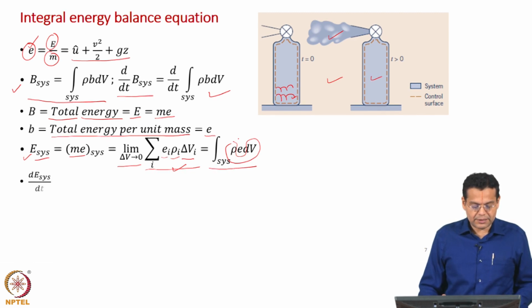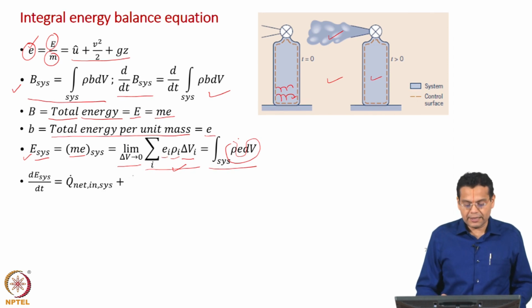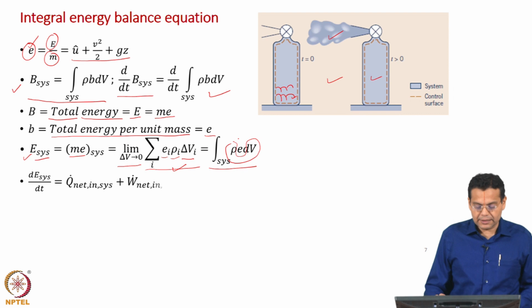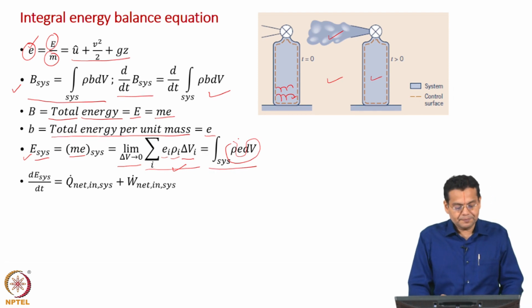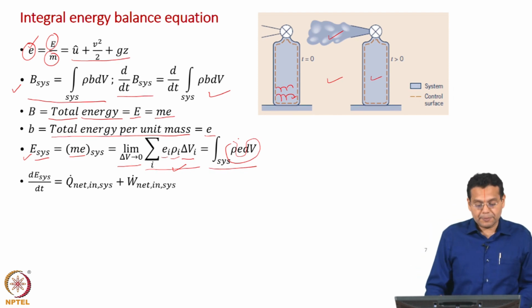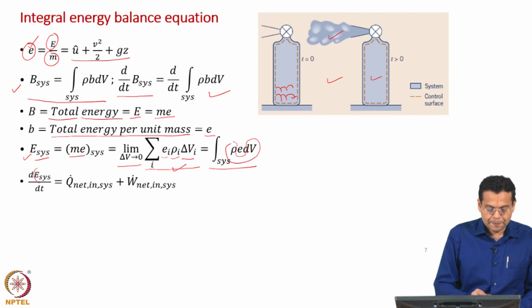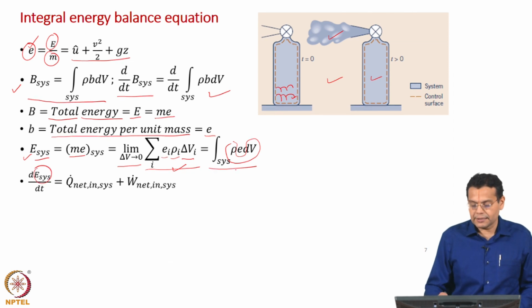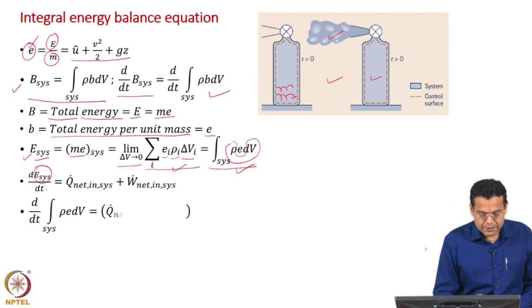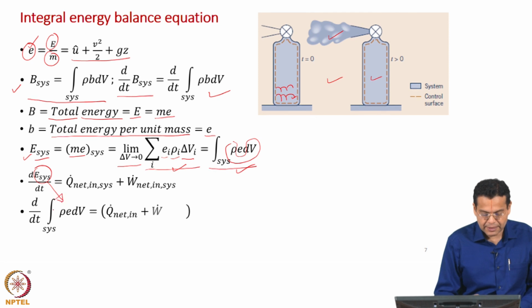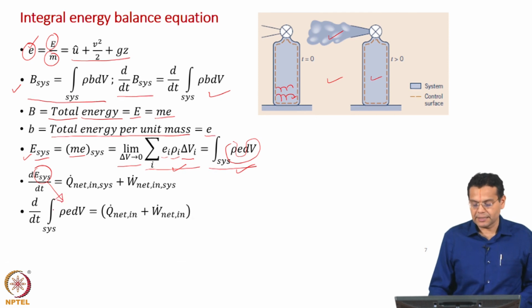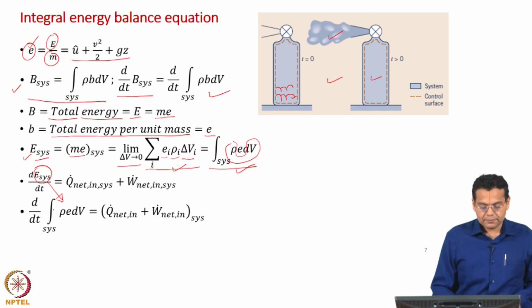Okay. So, now let us write down the first law of thermodynamics in terms of rate, which you have written in the previous slide, and then let us express the E system in the left hand side in terms of this integral expression. So, d by dt instead of E system I have this integral expression, of course the right hand side is same. Why do we write in terms of this integral expression?